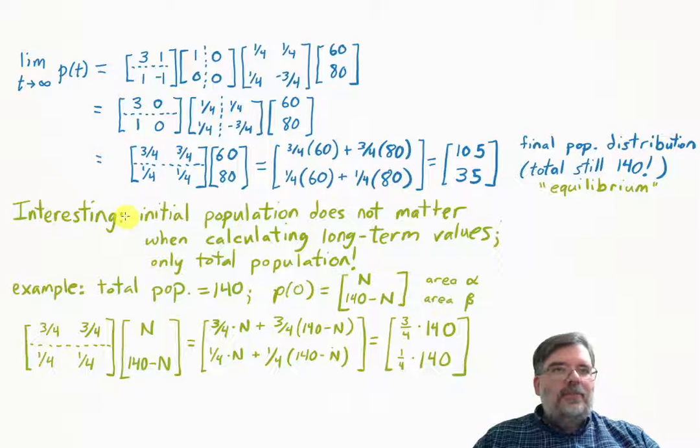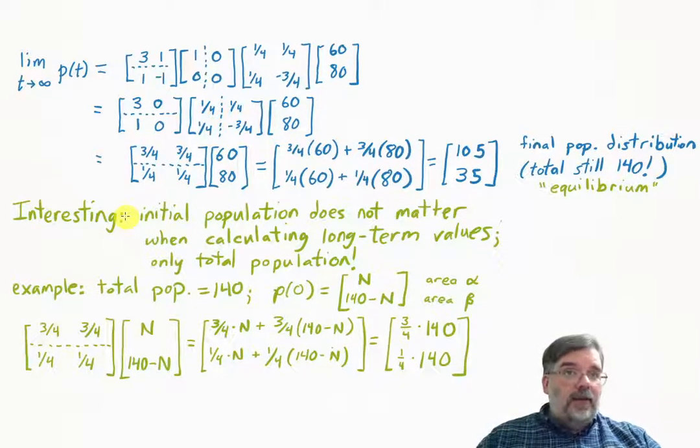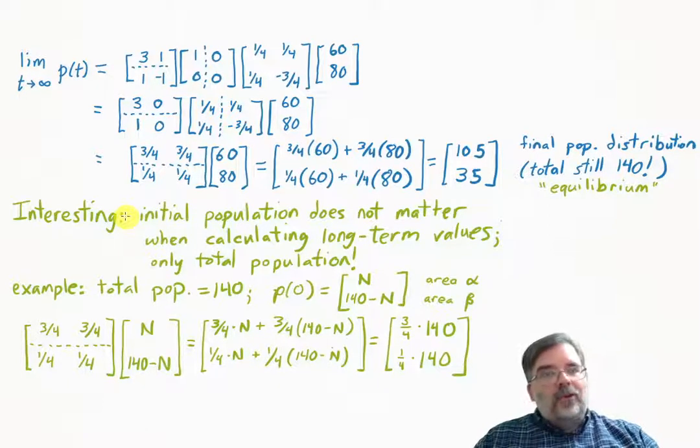The initial population is actually totally irrelevant to this kind of problem. The initial population does make a difference in the year-to-year population, but no matter what the initial distribution is, it's always going to tend towards this same answer.